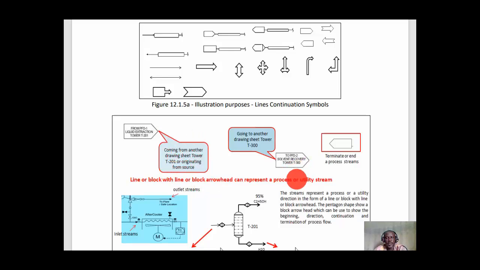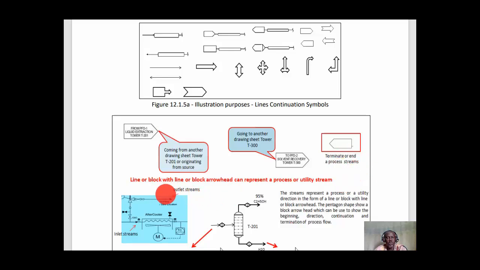Take a look at this one again. Here you see the same thing going to another drawing sheet, T-300. We have this symbol, terminator or end of a process stream.